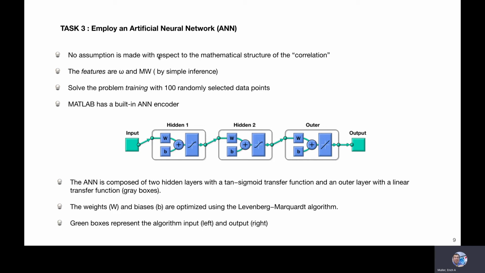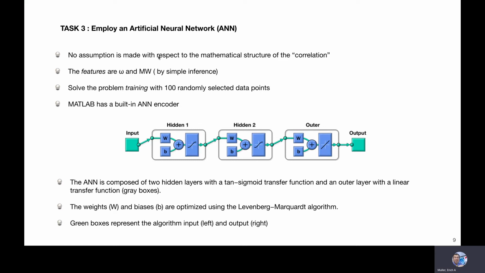We guide them to use 2 hidden layers and a tangent sigmoid transfer function. That simplifies the problem a little bit and gives them some initial handles to start working. The weights and biases are optimized directly by a Levenberg-Marquardt algorithm. And in this small cartoon I'm showing you, basically input and output are the only things that we give the problem.